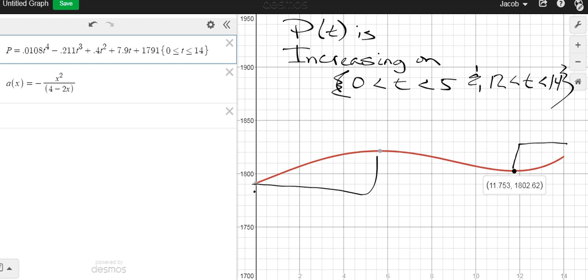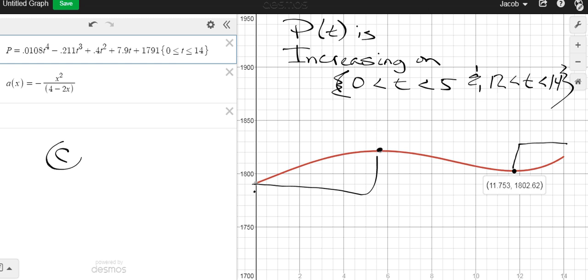Guys, when is this graph at its highest? I'm sorry? Yeah, somewhere around 5, right? Here's the highest point right about there. I'm going to call it 5. What year does t equal 5 correlate to? 1995, right?